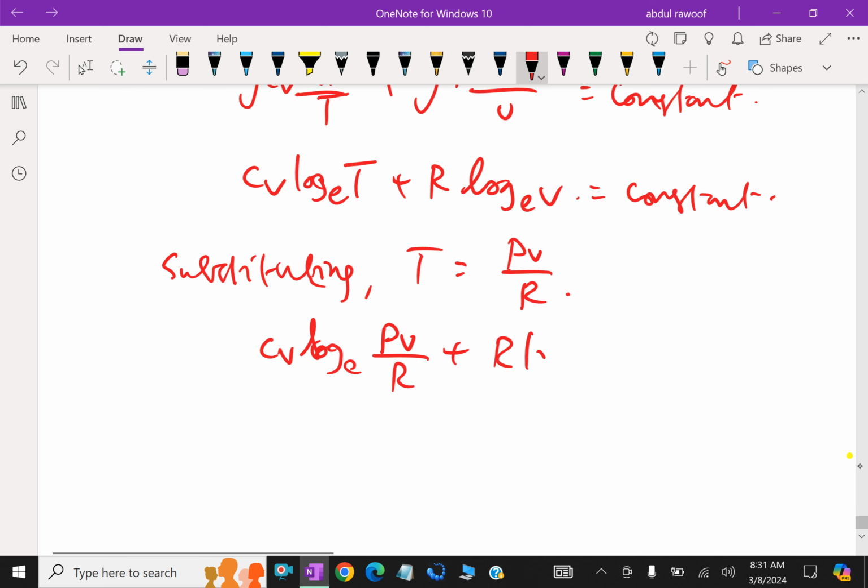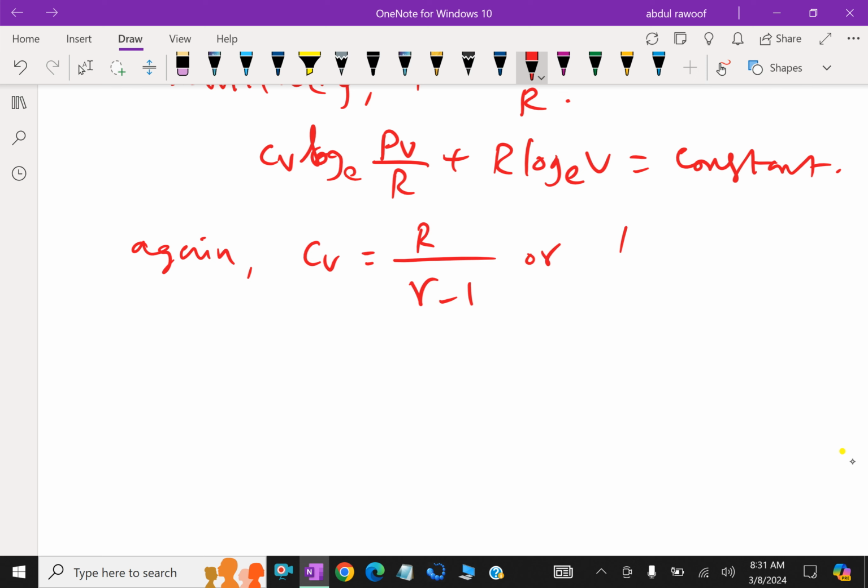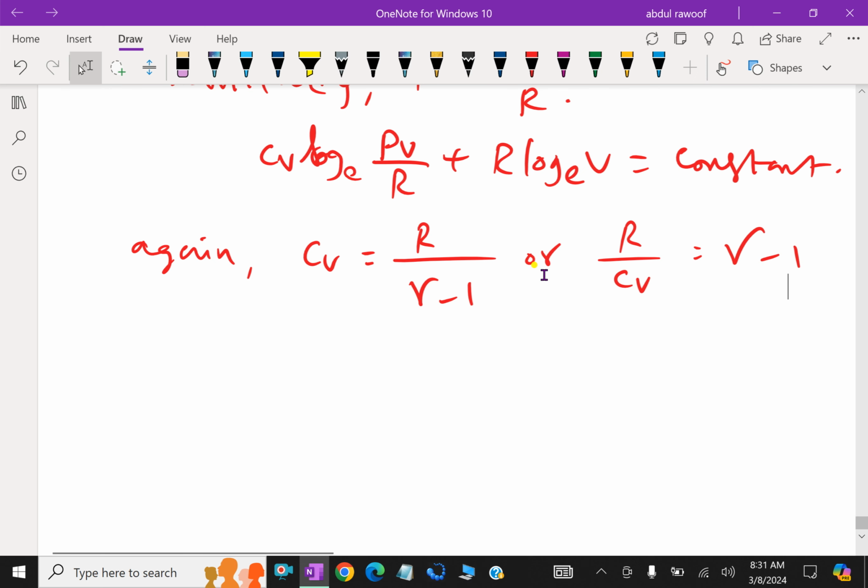Here we know the relation Cv equal R by gamma minus 1, or R by Cv equal gamma minus 1. We have the relation where gamma equal to Cp by Cv, where gamma is the index.